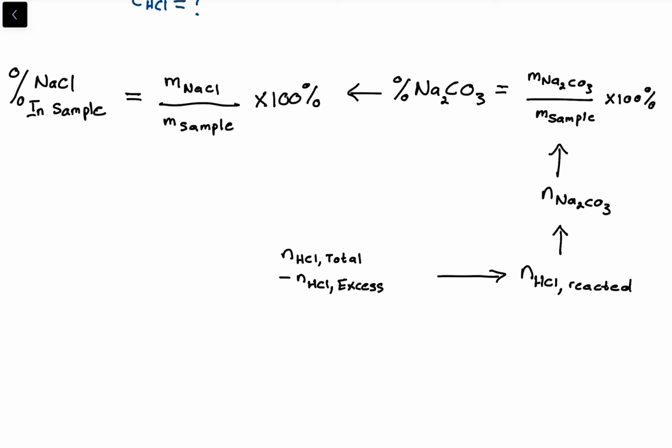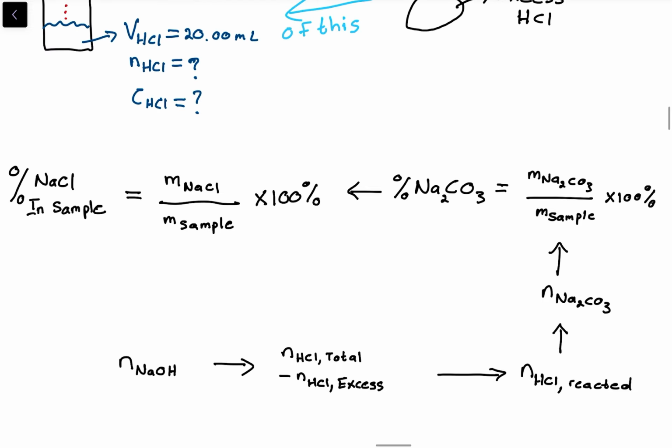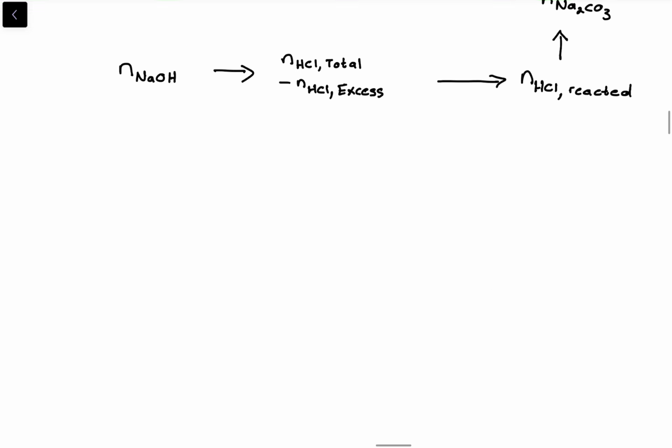Right. And how do we get the amount of HCl in excess? We can get that from the amount of sodium hydroxide. Not directly, but we can get that from the titration information. Okay. So let's start by calculating the amount of sodium hydroxide. That's, of course, the volume sodium hydroxide multiplied by the concentration sodium hydroxide.